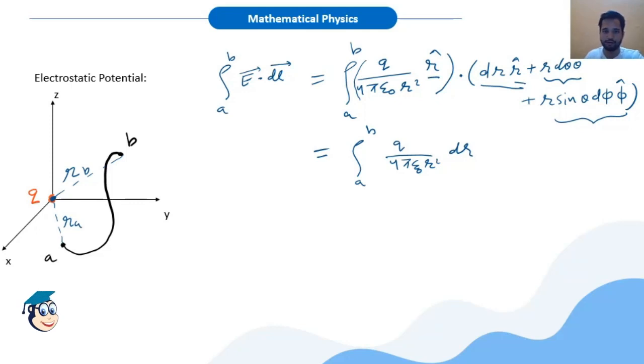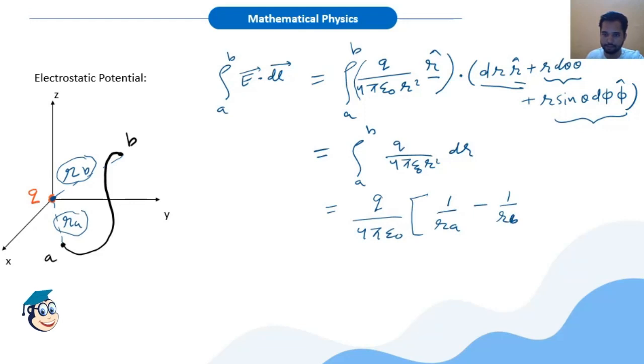So now we know A means RA and B means RB. So let me integrate this and we will get Q over 4 pi epsilon naught. It is constant, so we can take it out from the integration, and we have to integrate 1 over r square, and you can all integrate this, and I will directly write the values 1 over RA minus 1 over RB, because integral of 1 over r square is minus 1 over r.